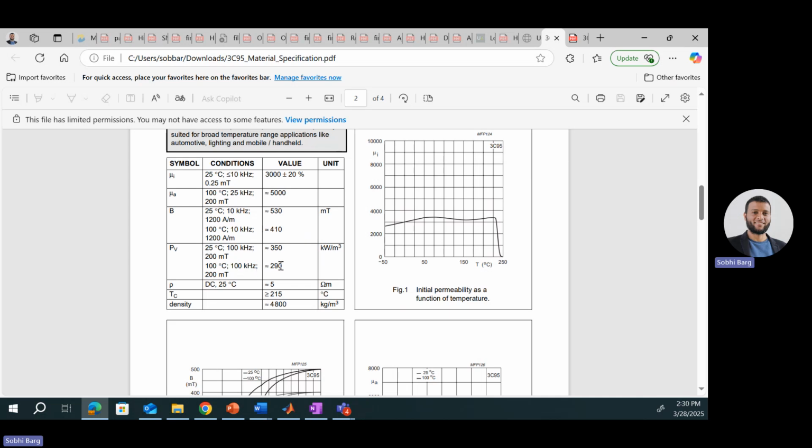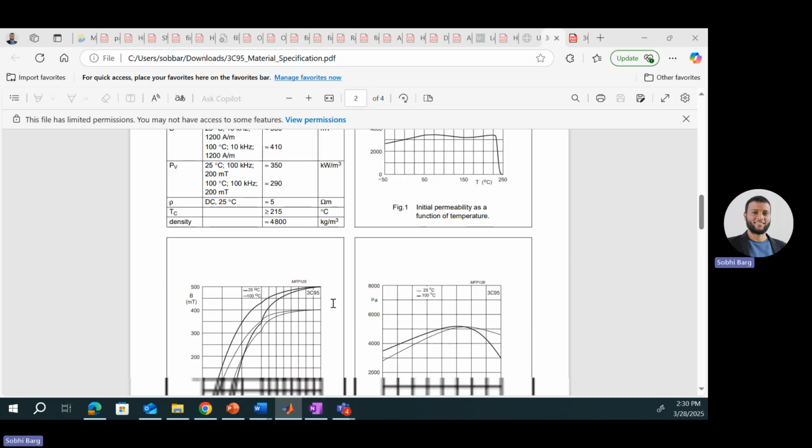So if you divide 450 by 290, we'll find 1.55. So it's 1.5 times higher than the losses of 3C95.